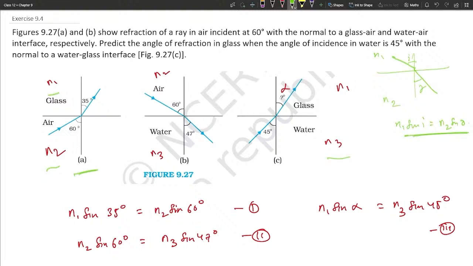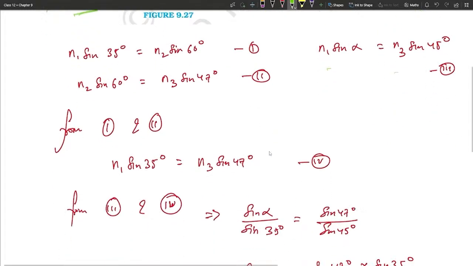Now similarly we will see here that N1 sine alpha is going to be equal to N3 sine 45 degree. Now solving equation 1 and 2 we will get N1 sine 35 degree is going to be equal to N3 sine 47 degrees. Now we will use this and the third equation to find out the value of sine alpha, because we can cancel out N1 and N3 from these two equations.